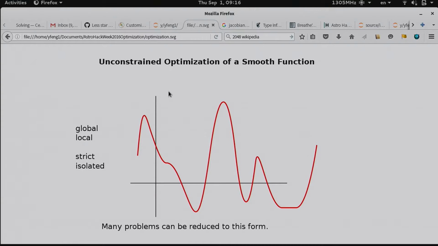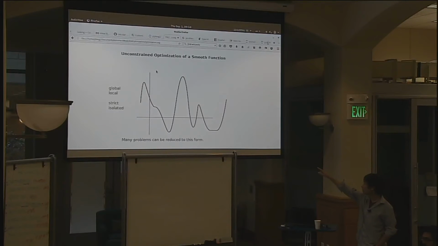The one on the right is particularly interesting. It's a flat plateau. This type of minimum is not a strict minimum, because in its neighborhood there are many, many minimums of the same value.